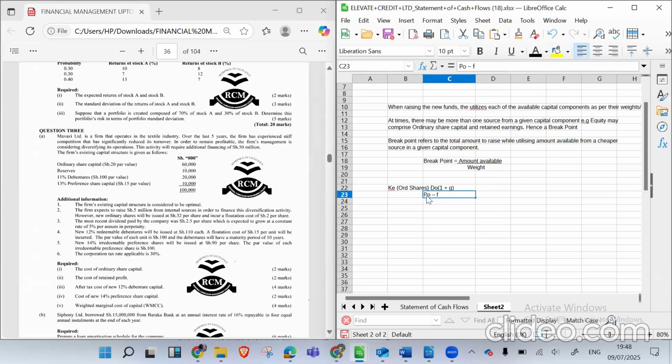And at the end we add what? We add g. So you have it there, then plus g.